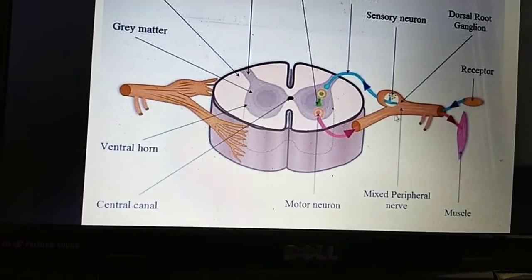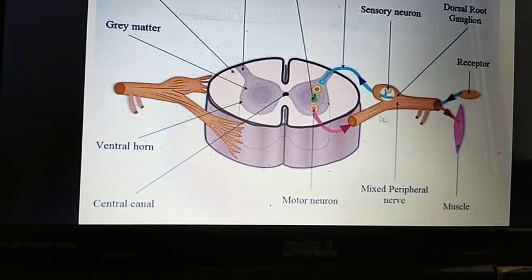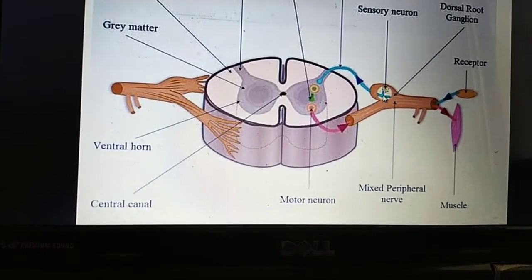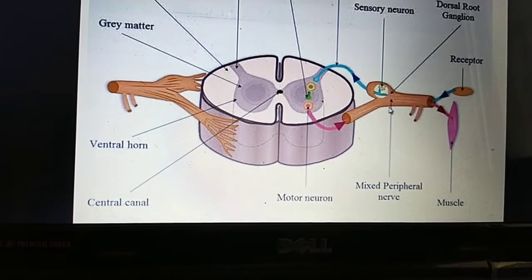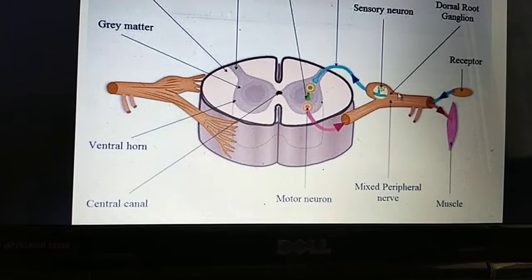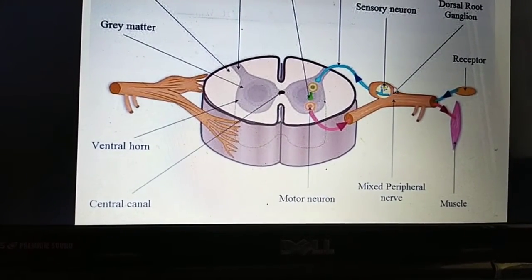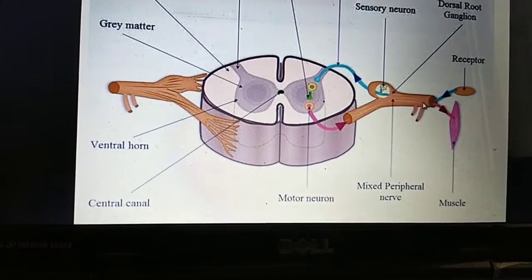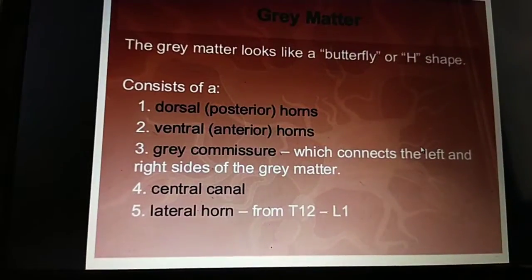The dorsal and ventral roots unite and form the mixed peripheral nerve, and the dilated part is the dorsal root ganglion. Okay, you can go for the next slide.